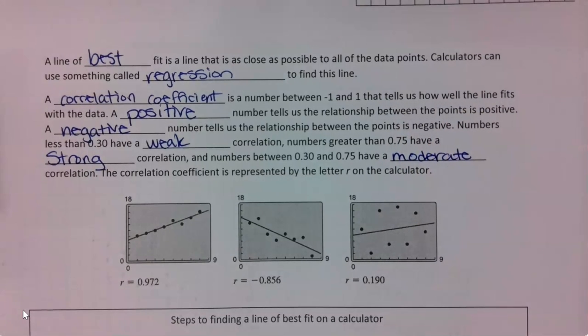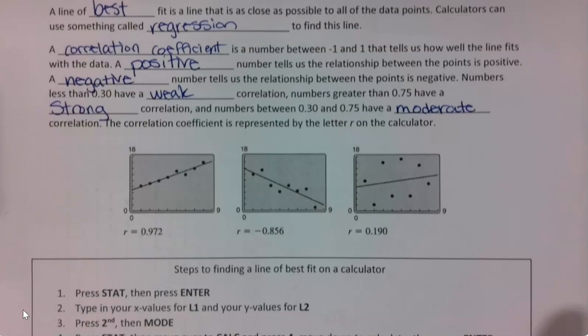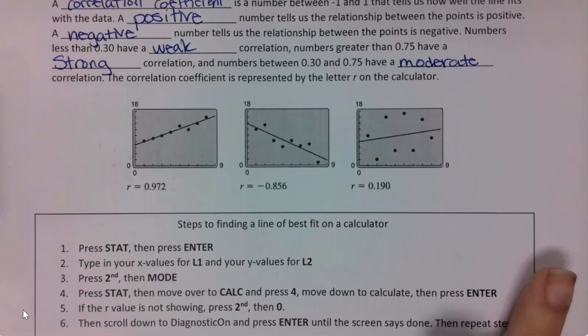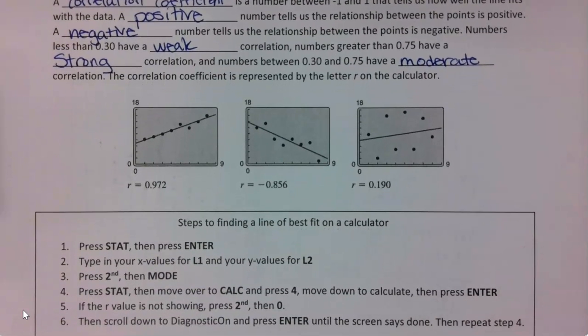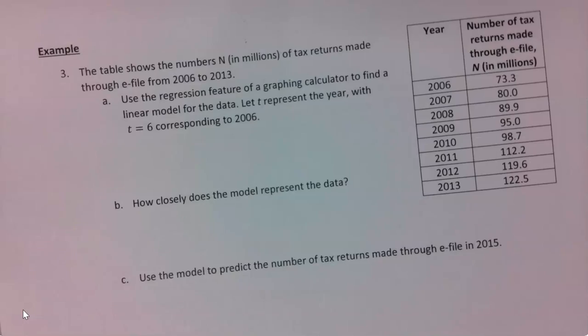So this is represented by the letter R on a calculator when you get your equation of the line. And I have the steps to getting the equation of the line below. So the steps are down here, but we'll move on.